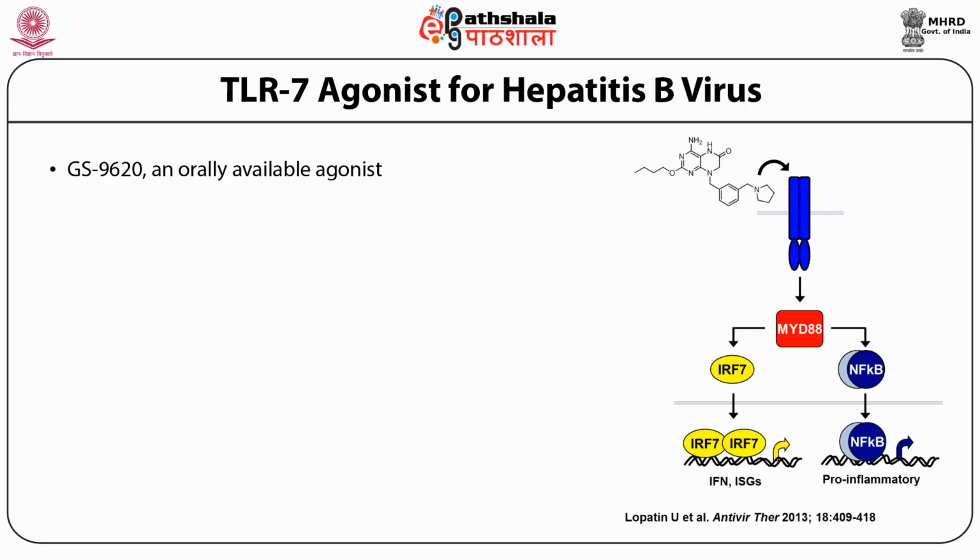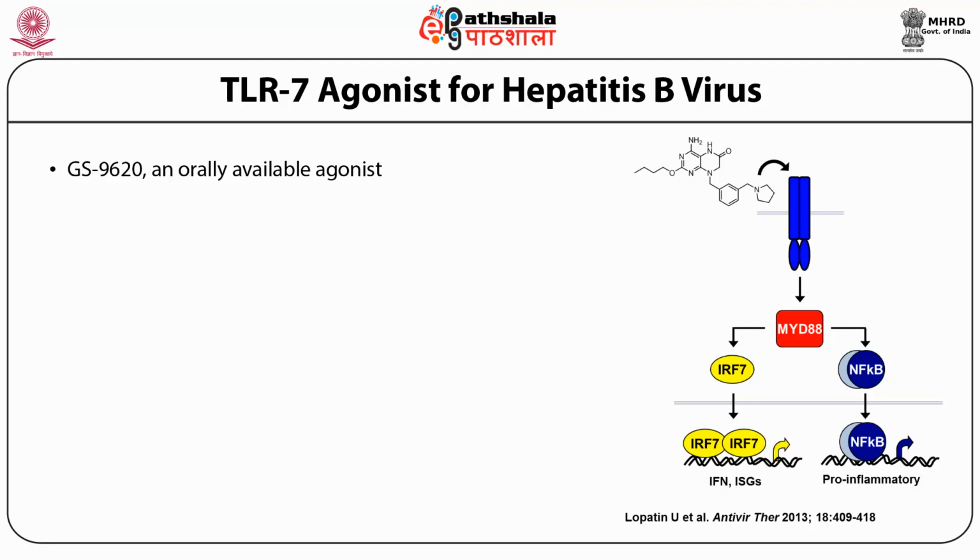As it increases the expression or the functionality of TLR7 signaling, it influences the IRF7 and NF-kappa B signaling. It increases, directly and indirectly, the interferons which are helpful for viral clearance, and the pro-inflammatory cytokines.